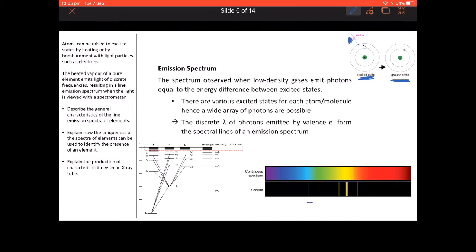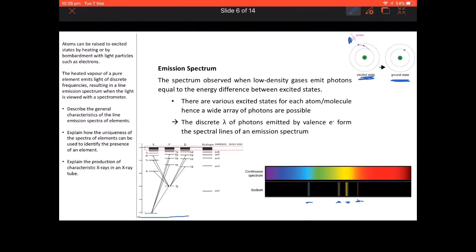So these discrete spectral lines correspond with the discrete photons emitted by the electrons that have been raised up to higher energy levels, and which have then released photons to come back down to their normal energy level or their normal electron shell.